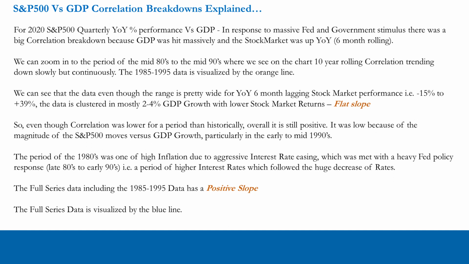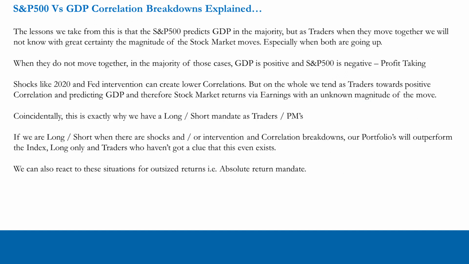The correlation was low because the magnitude of the moves was smaller compared to historically, and when compared to the entire data set. So what lessons can we take here from S&P 500 and US GDP correlation breakdowns?